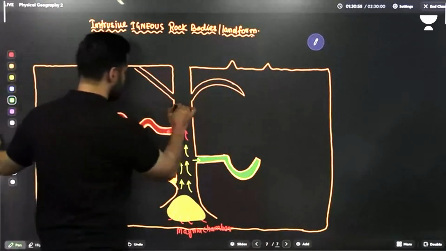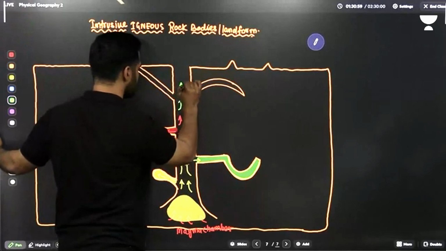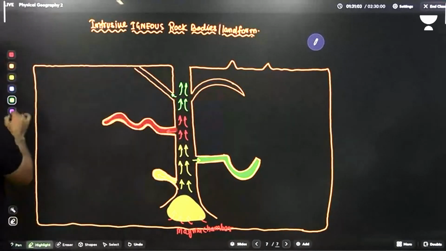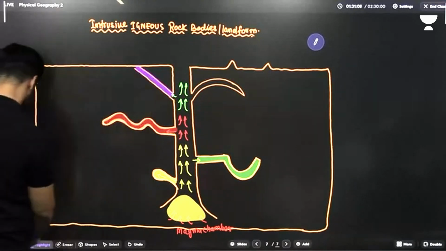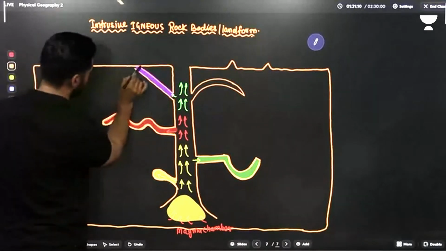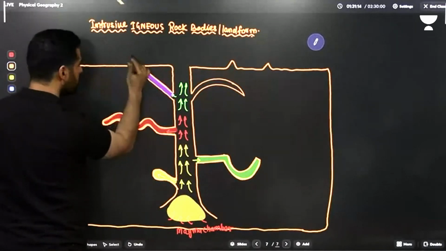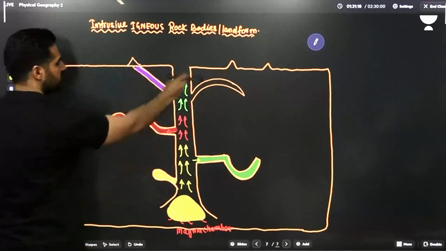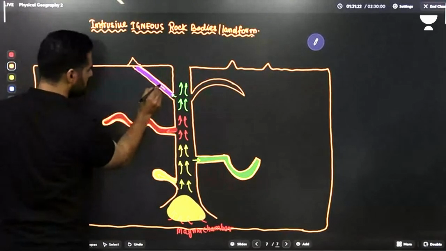Then this magma gonna further travel. Can I say it can enter here also? As it travel here, it will enter there and get solidified into this. So can I say volcano can erupt from this part also? Can I say this can be also a vent? If this is primary, what will be this? Secondary vent. समझ आ रहा है?